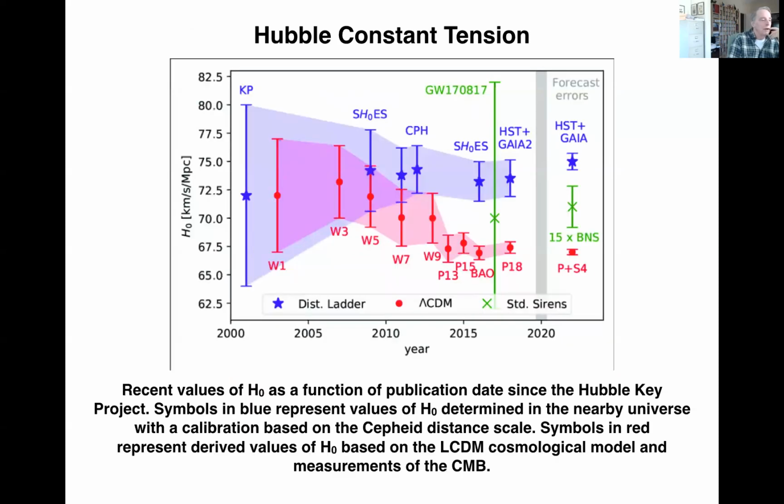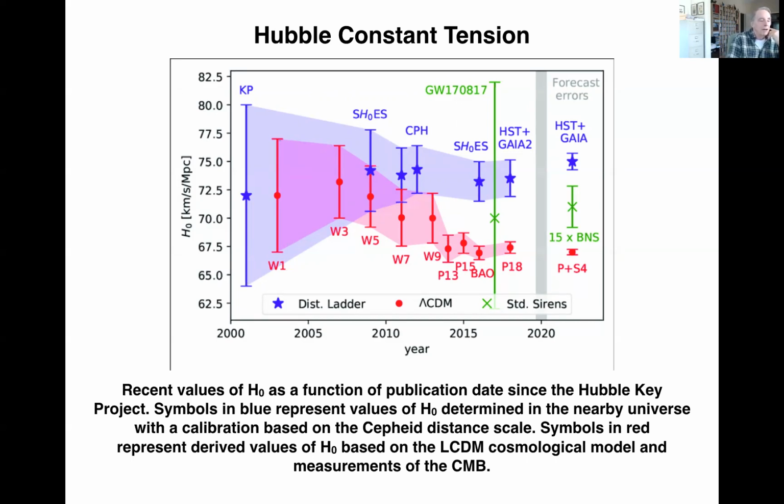And if you compare that with the way in which the Hubble constant was computed directly, the blue shaded area is the value of the Hubble constant computed directly. The red is the value computed from the baryon acoustic oscillations and all the other structure that we talked about.